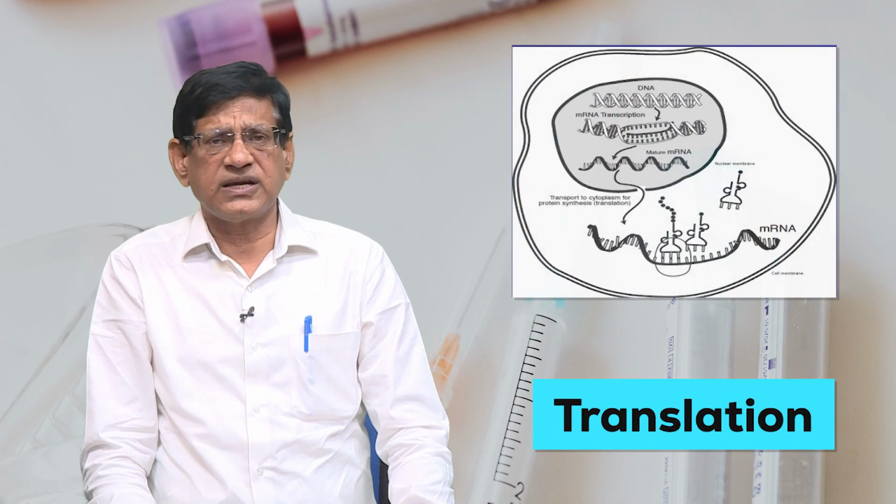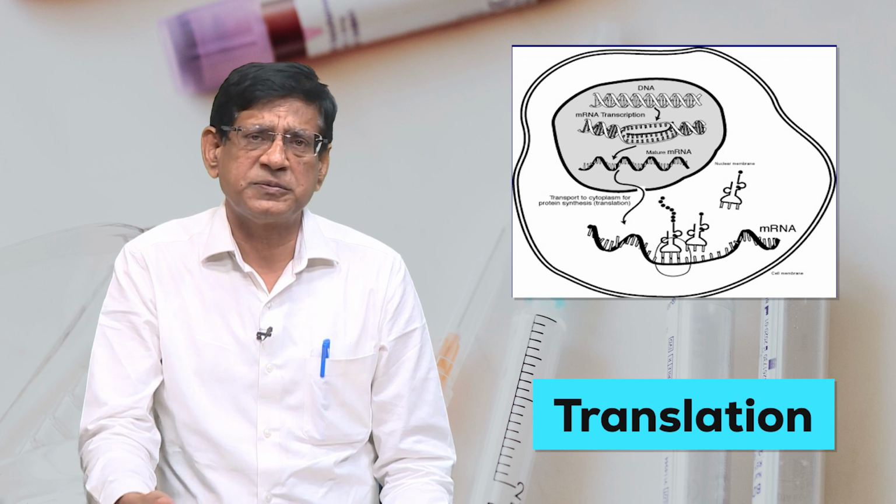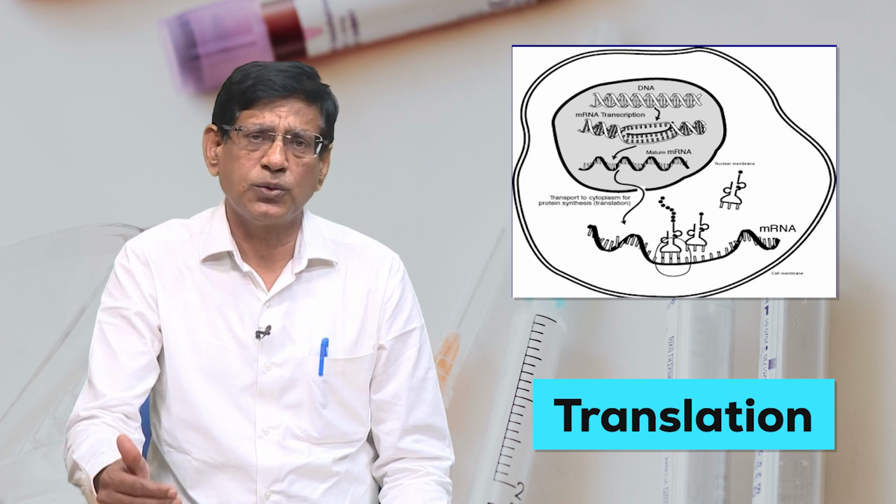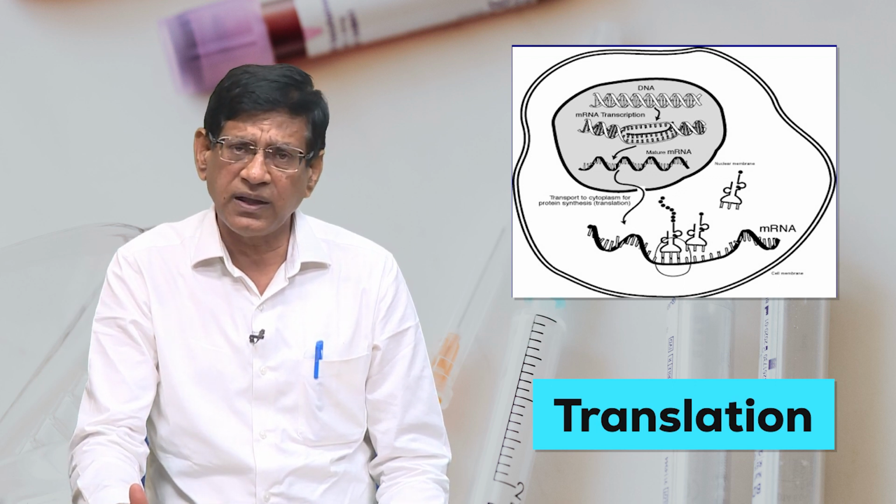Translation, in the central dogma: I am repeatedly telling that DNA is transcribed to mRNA and mRNA to proteins is the translation. Translation, in its literal meaning, is one form of alphabet changing to another, like translating from Hindi to English.